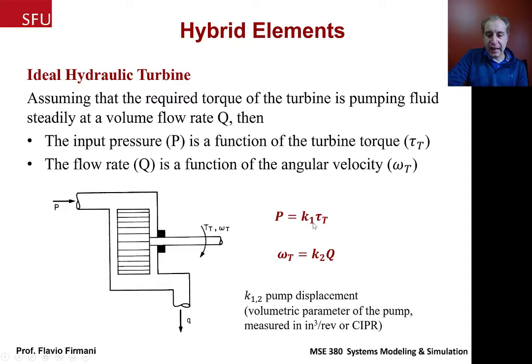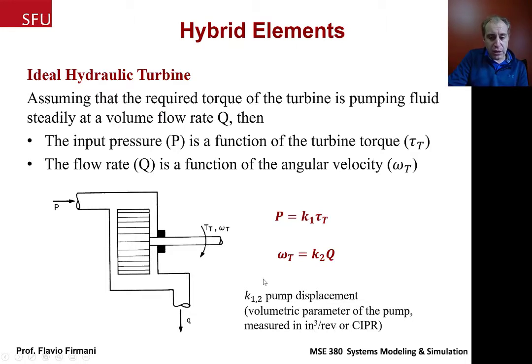K1 is a parameter defined in commercial pumps, the volumetric parameter of the pump, and it's measured in CIPRs, which is cubic inch per revolution.